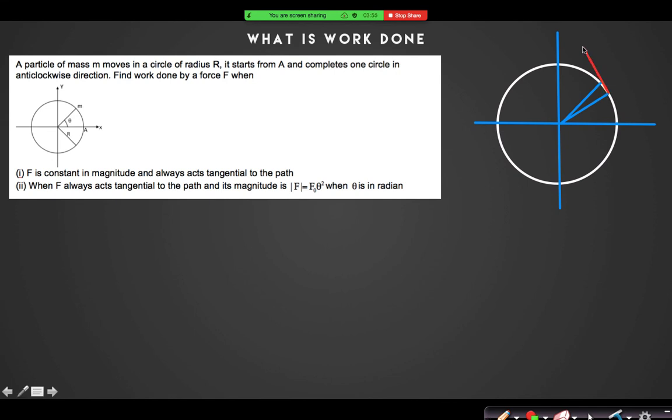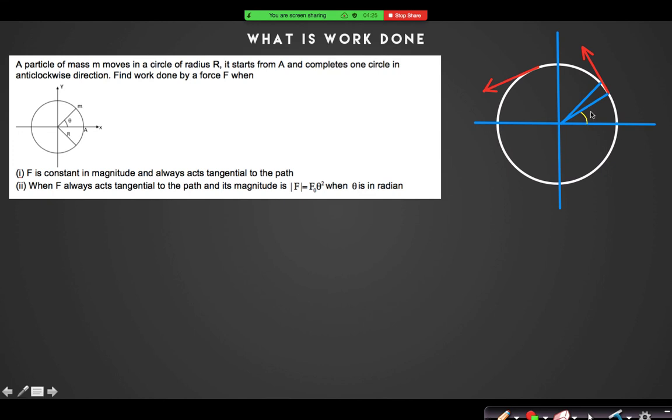No. At this point the force is along this line, at this point the force will act in this direction. So although the magnitude of the forces are the same, can I say that the forces are actually the same? No. So I have to find the work done by the process of integration only, because we know that work done by a variable force is the integral of F dot ds.